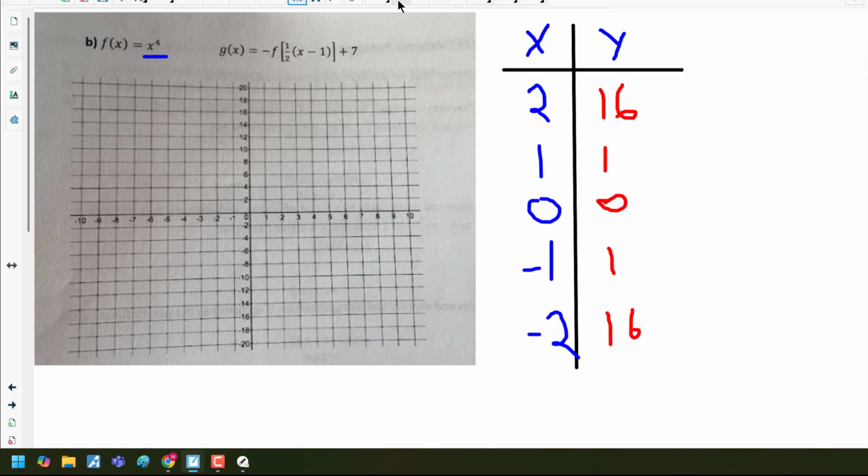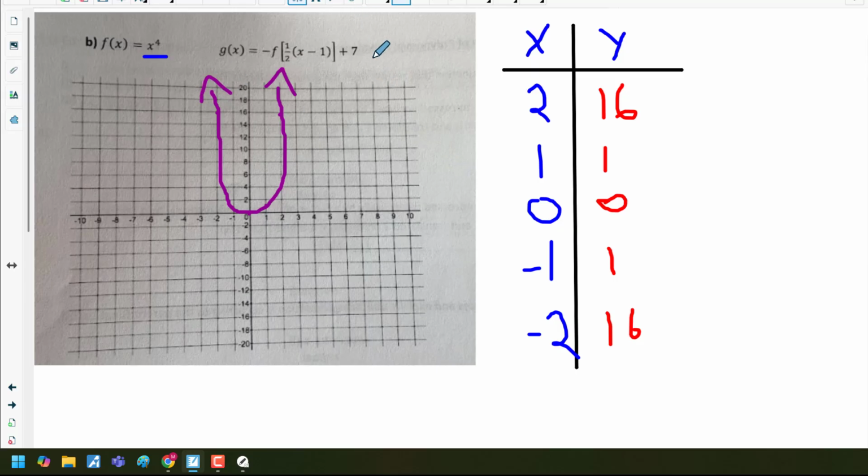So this is my parent function now: 0, 0, 1, 1, and 2, 16. And then obviously on the flip side, we have the same points. This is going to be messy for me, but perfect. So that's the parent function.